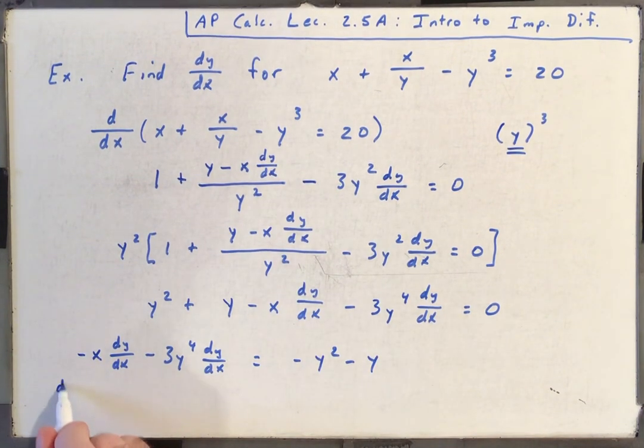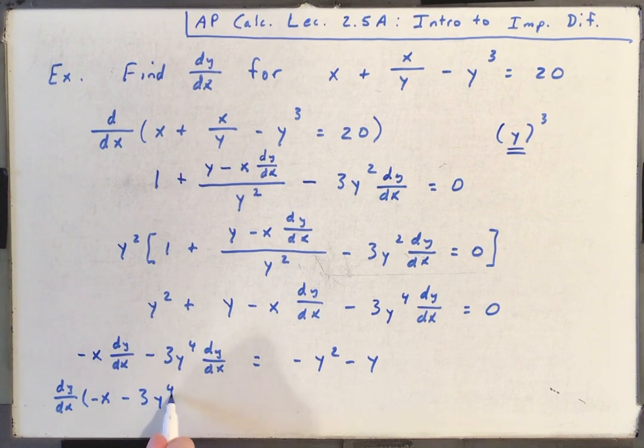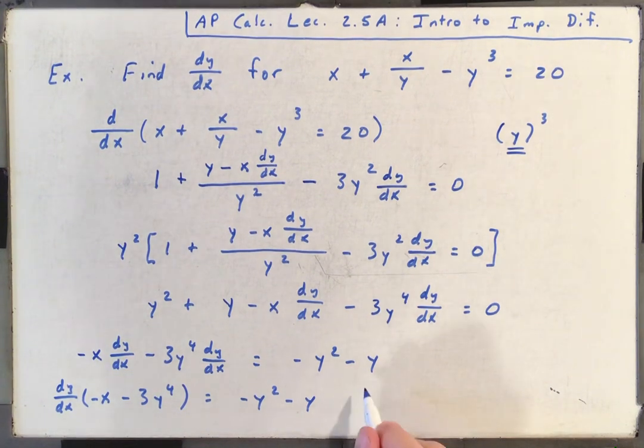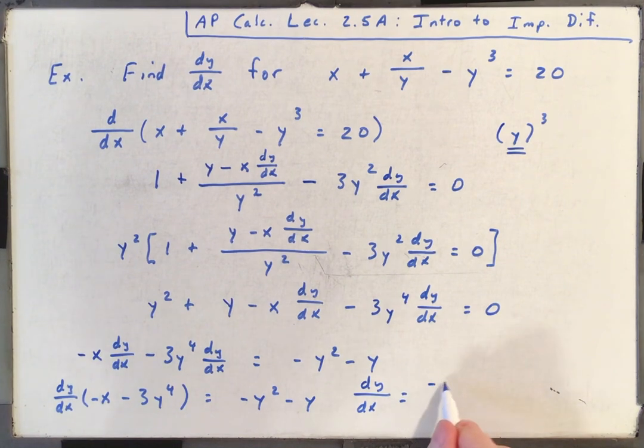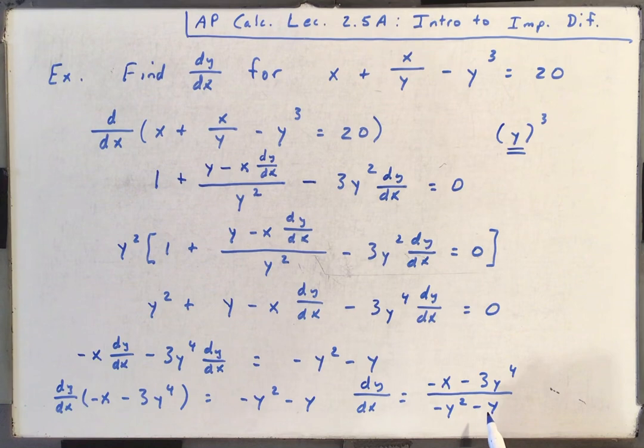Let's factor out a dy/dx. I have negative x minus 3y to the 4th equals negative y squared minus y. Now I'm going to bring this negative x minus 3y to the 4th underneath. So dy/dx is equal to negative x minus 3y to the 4th over negative y squared minus y.